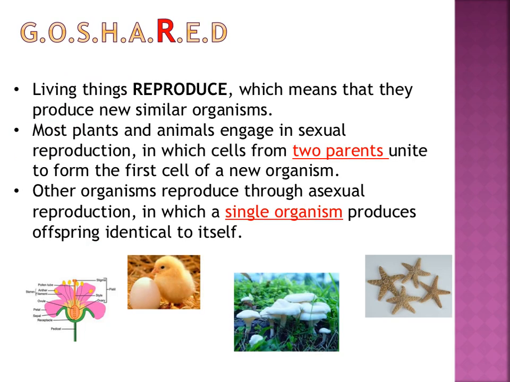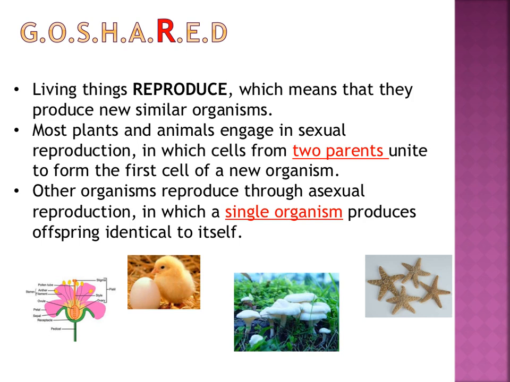The R stands for reproduction, so all living things will reproduce. Living things reproduce, which means that they produce new similar organisms. Most plants and animals engage in sexual reproduction, in which cells from 2 parents unite to form the first cell of a new organism. Other organisms can reproduce through asexual reproduction, in which a single organism produces offspring identical to itself.